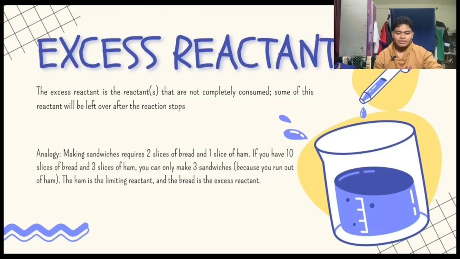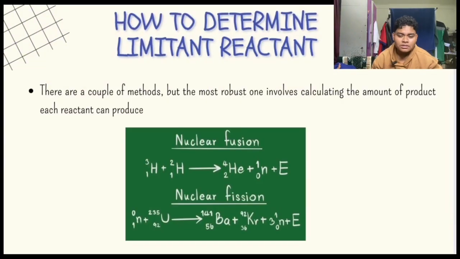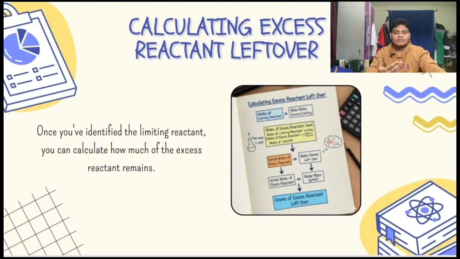And then we also have a formula here on how to determine a limiting reactant. There are a couple of formulas actually, but this is one of them. We also have ways of calculating the amount of excess leftover. Once you know which reactant is limiting, you can find out how much of the excess reactant remains.